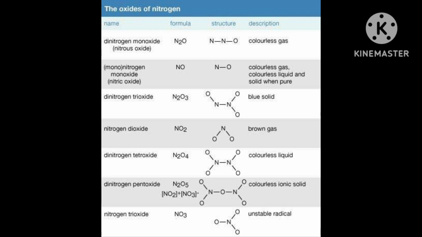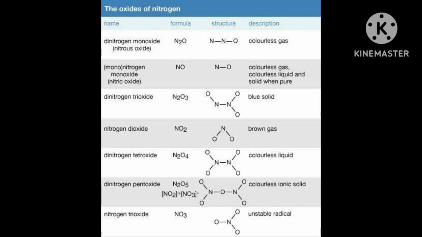Now what are its physical properties? It is a colorless gas, and it is a neutral gas, with no acidic or basic properties. Dinitrogen oxide is also called nitrogen 1 oxide because the oxidation state is +1.